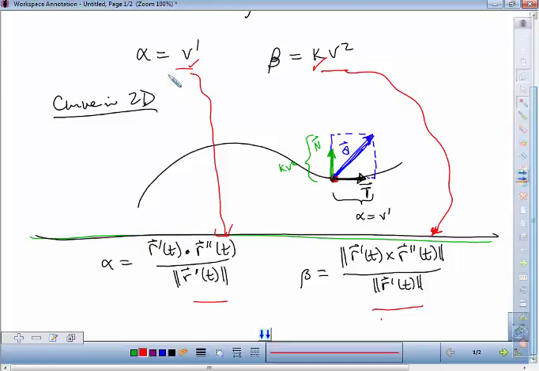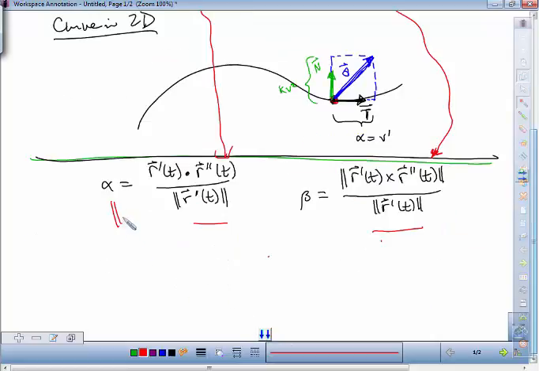Any other questions? All right, so these would be good formulas to have. By the way, in the book, I call it alpha and beta because I just consider them constants, but they call it something else. This is called A sub t, the tangential component of the acceleration, and then they call this A sub n, the normal component of the acceleration.